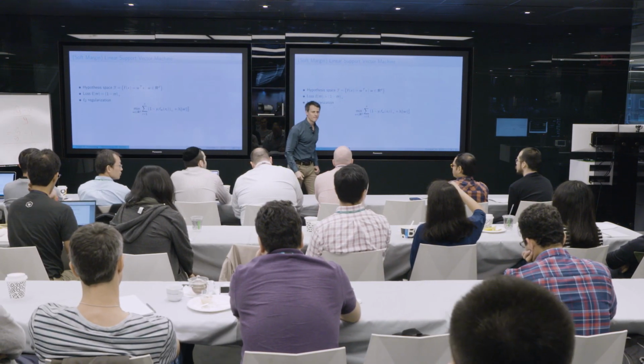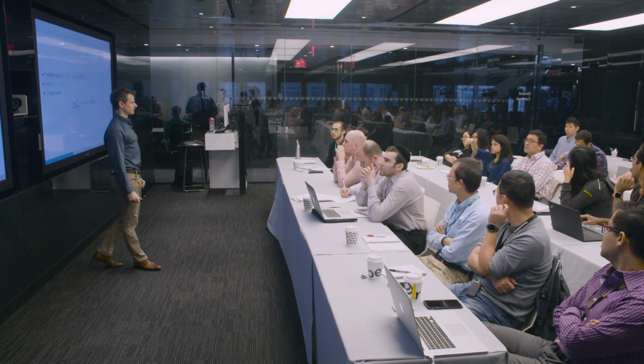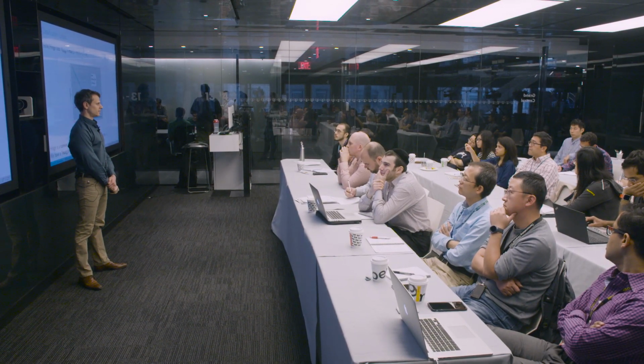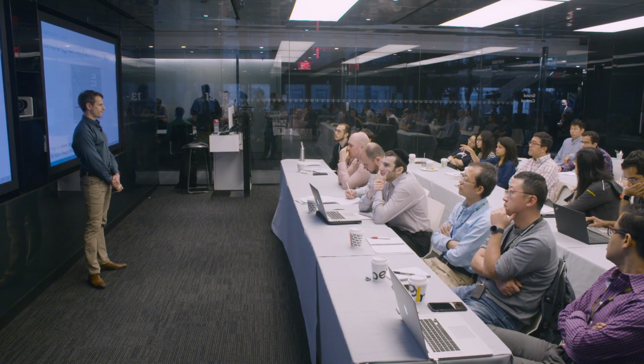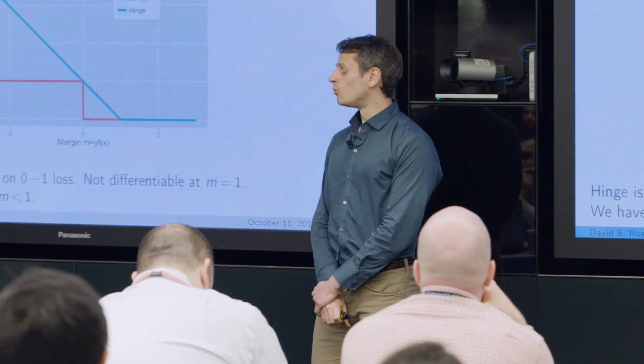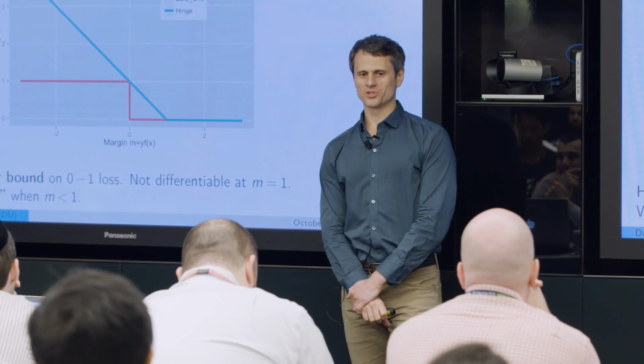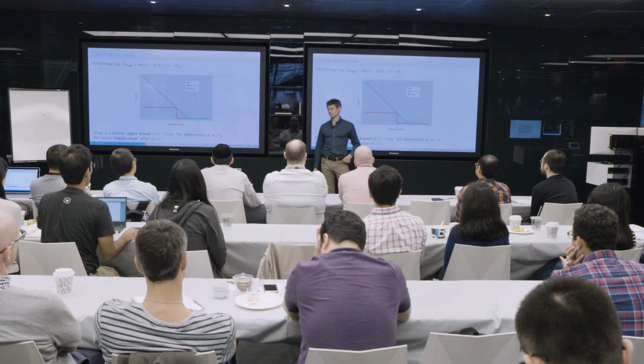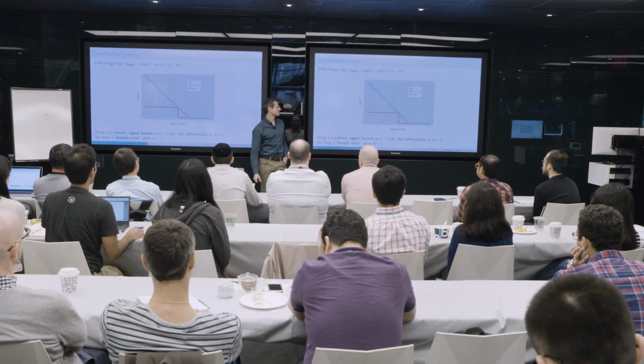Yeah? Can you go back to where the graph is? Sure. Isn't it ever going to be a problem, the fact that between 0 and 1, even if our prediction is correct? Yeah, so the concern is, why are you penalizing our prediction function even when it's correct? Because it's correct right here. Why would we do such a thing?